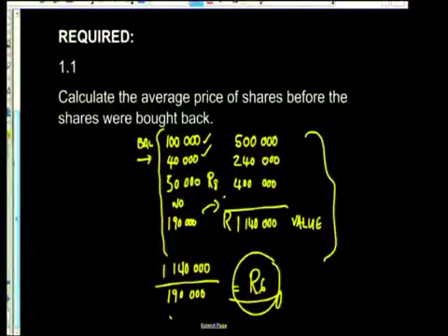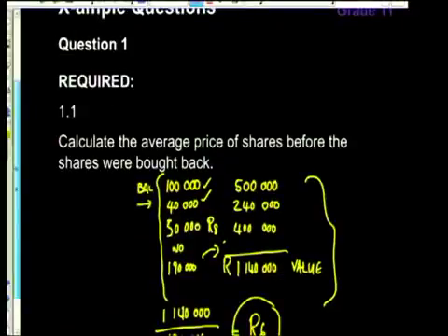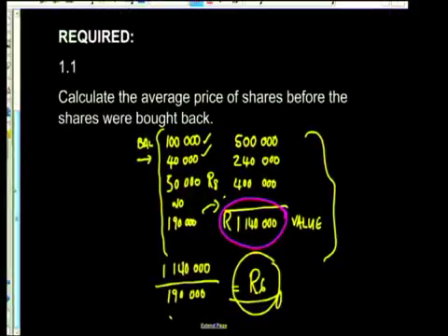There it is. 1,140,000. What did we have here? Let's just verify. I don't want to use the wrong figures, otherwise we're going to have a mess with our calculations. So here goes. 1,140,000 represented by 190,000 shares. Okay, now the 190,000 is of significance.